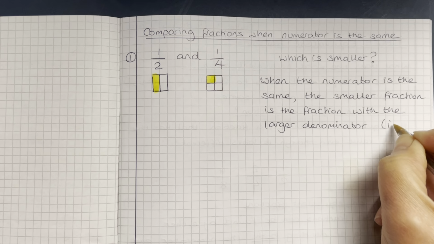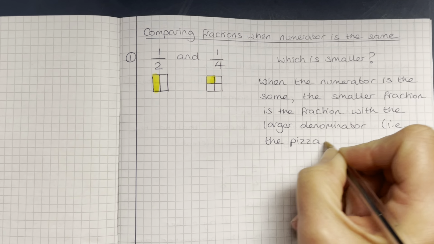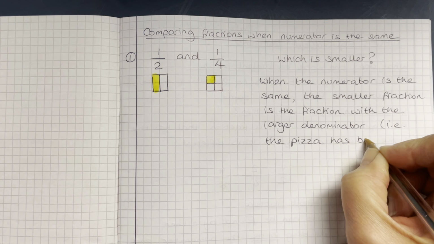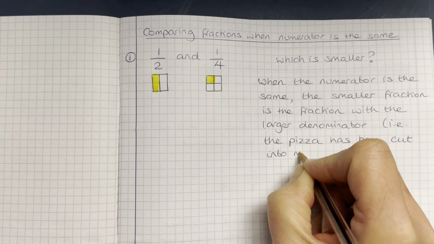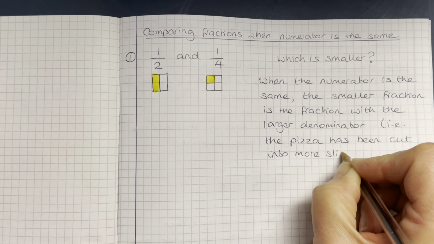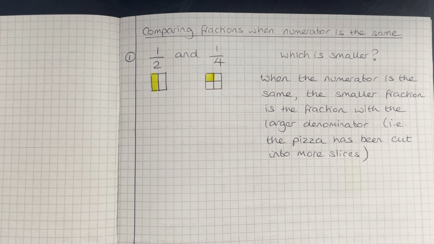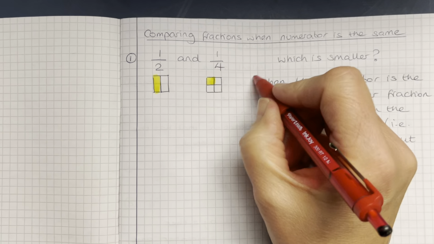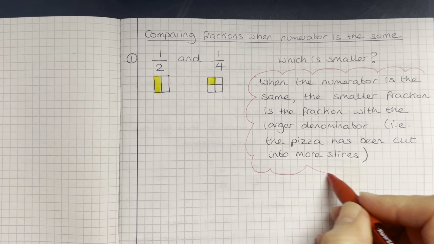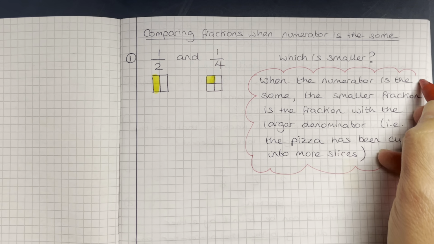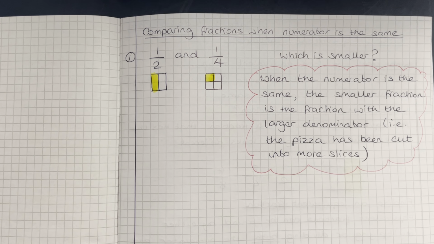Okay, i.e. the pizza has been cut into more slices. If it's been cut into more slices, then each slice is going to be smaller. Okay, so I'm going to pop that in my little key point bubble as my final point of this session.